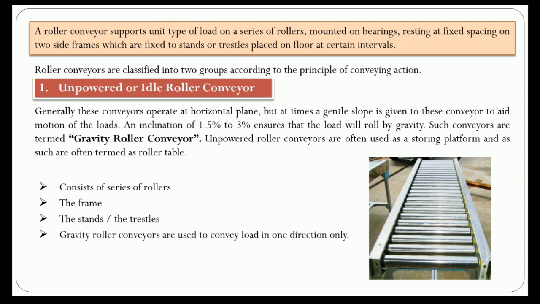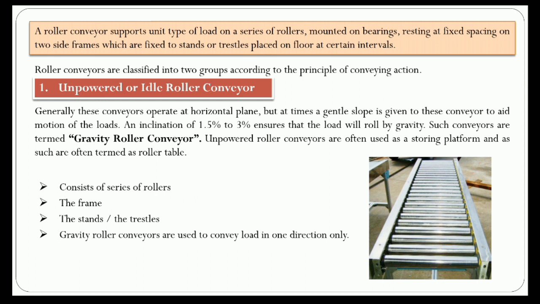Generally this conveyor operates in a horizontal plane, but sometimes a gentle slope is given to this conveyor to aid the motion of the loads. Since you already know that in material handling we always use the gravity principle for conveying materials, for this type of unpowered roller conveyor, for the movement of the loads, we automatically use that gravity principle.